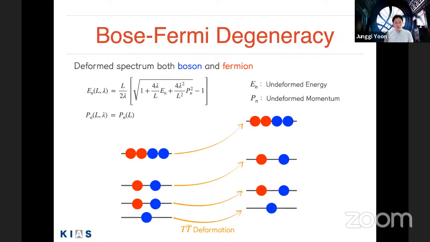However, the formula for the deformed spectrum does not care whether a state is bosonic or fermionic. Therefore, the Bose-Fermi degeneracy of the undeformed theory will be preserved along the TT-bar deformation, and this means that the supersymmetry will be preserved.